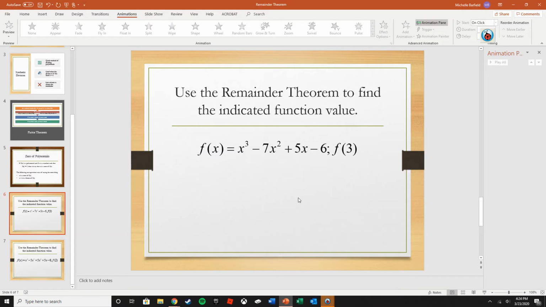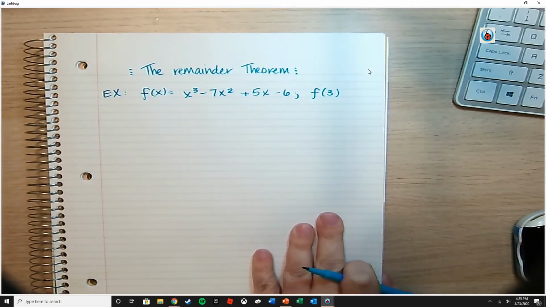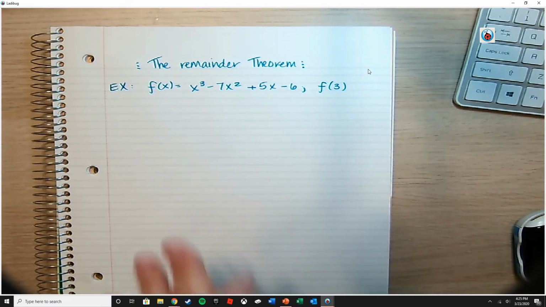While that's loading up, I'm going to copy the example down. The example is f of x equals x to the third minus 7x squared plus 5x minus 6. And what happens at f of 3? Okay, so there's my document camera, and there's the problem. We want to know what happens at f of 3.